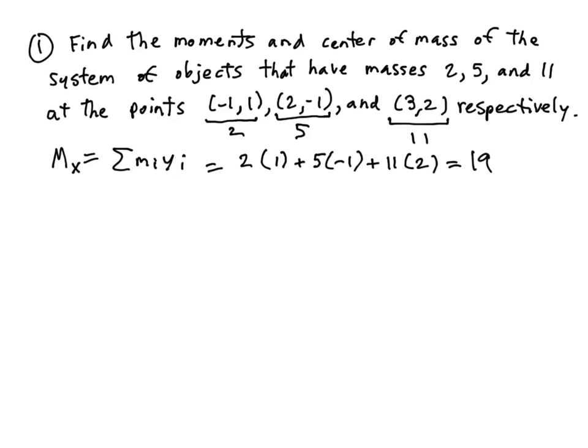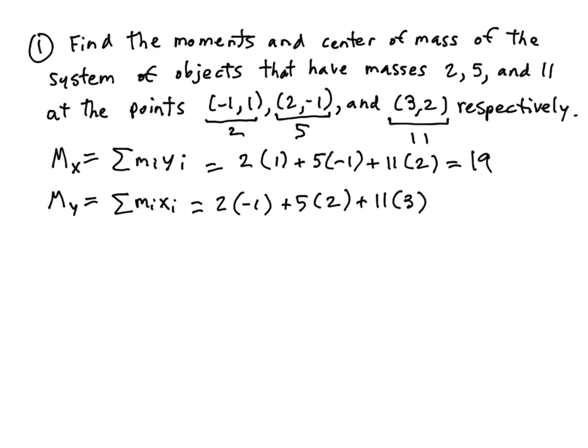Next, we have the moment with respect to the y-axis, which means we actually sum together the products m_i times x_i. And same idea, except we now use the x-coordinate. So it's going to be 2 times -1 plus 5 times 2 plus 11 times 3.